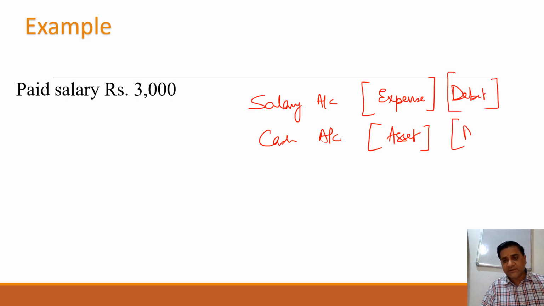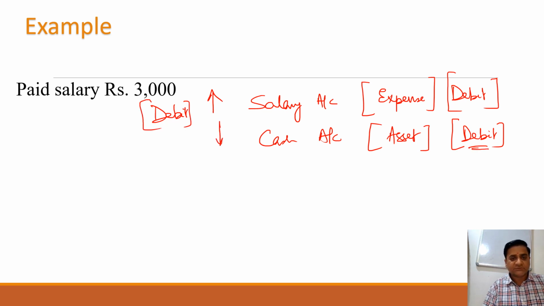Asset has a balance of debit. Salary is increasing. If debit is increasing, debit it again. Cash is going down. It has a debit balance, so it has to be credited. The reverse of debit. Whenever it goes down, it has to be reversed. If it's having a debit balance, we'll credit that.